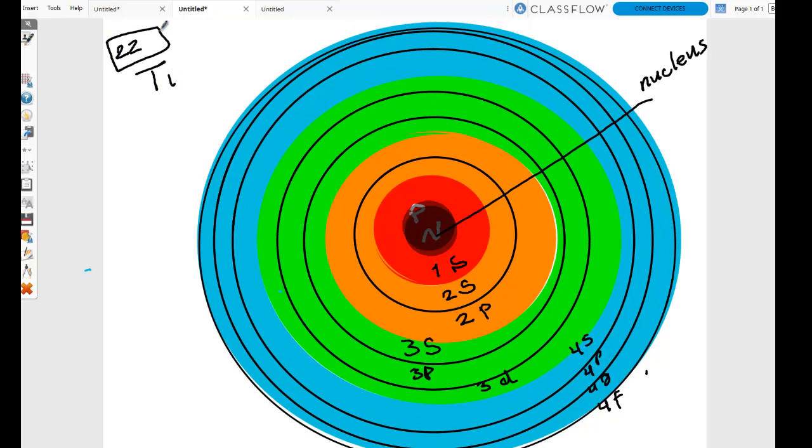The distribution of the 22 electrons will be: 1s will take 2 electrons, 2s will take 2 electrons, 2p will take 6 electrons.